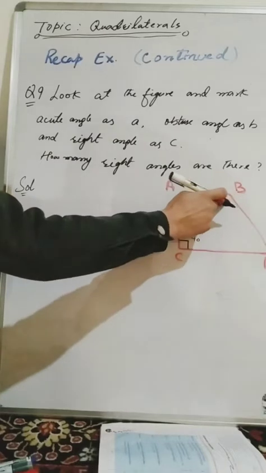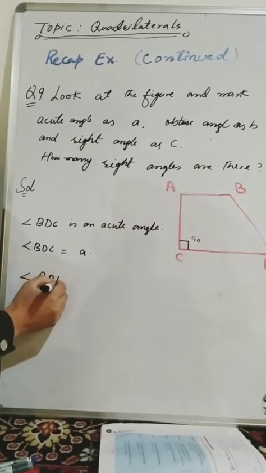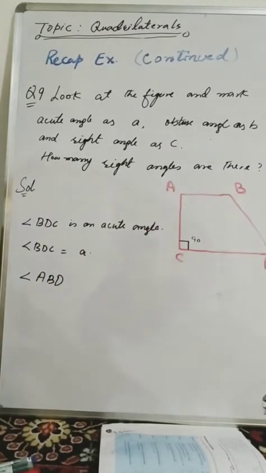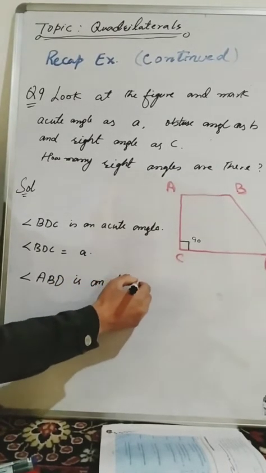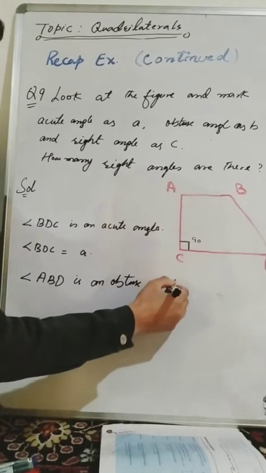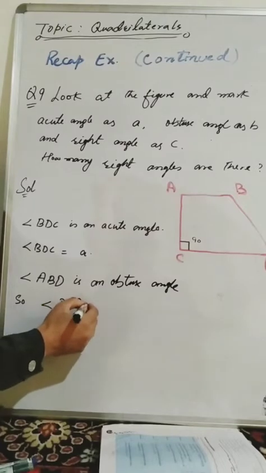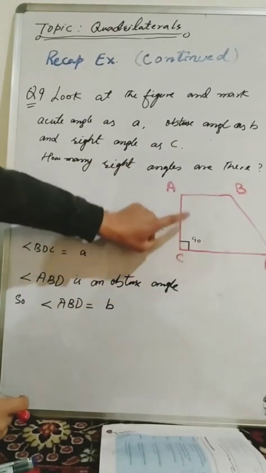Also, now looking over this angle ABD, this is more than 90. When an angle is greater than 90 but less than 180, that is an obtuse angle. Here ABD is an obtuse angle. So angle ABD is equal to B. B means obtuse. We have to represent it by B as asked by the question. Now we have here 90 degree. This one is also 90 degree.